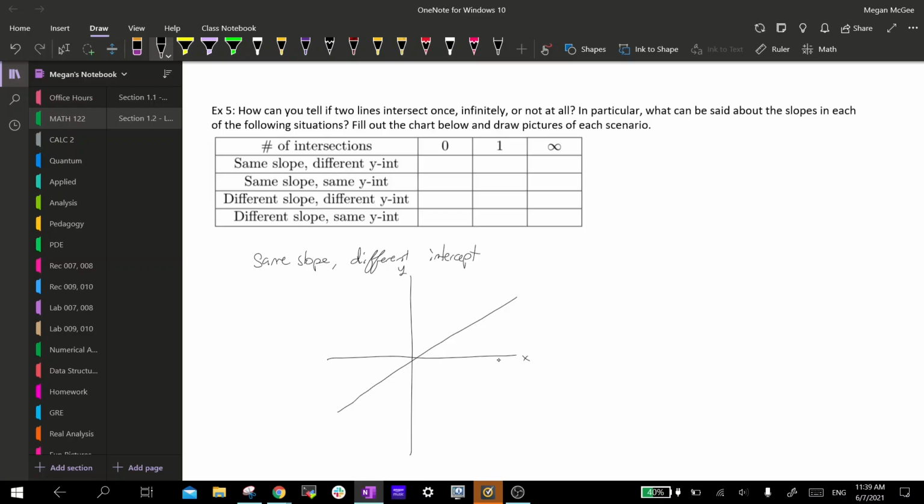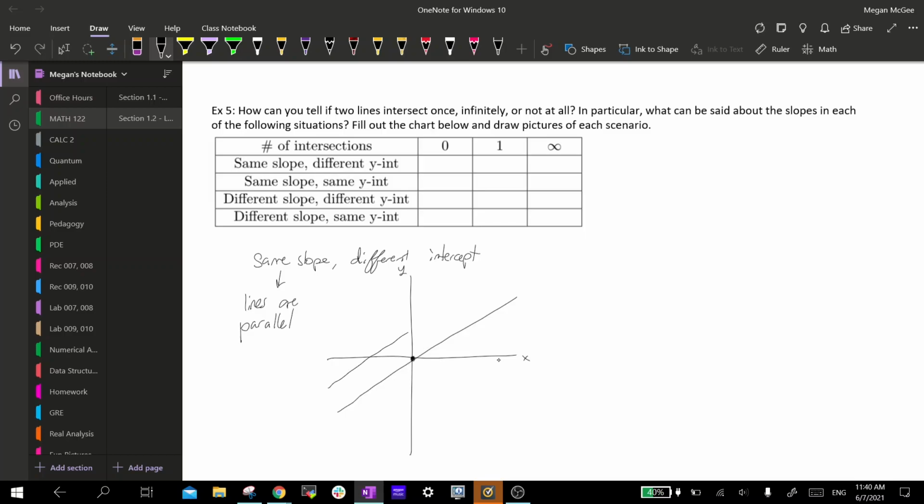Okay, and if I drew it properly, it would have a y-intercept of 0. Okay? Well, we need the same slope, different y-intercepts. So you can go up or down, wherever you want, but it needs to have the same slope. And same slope, I'm going to write this down, means lines are parallel. Parallel.